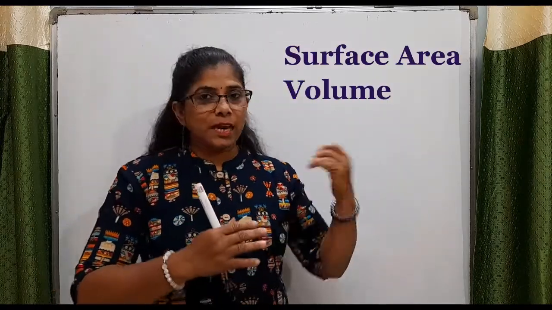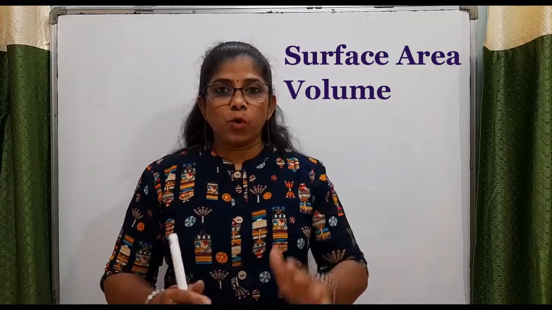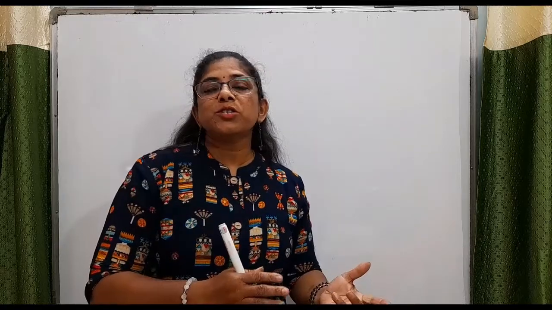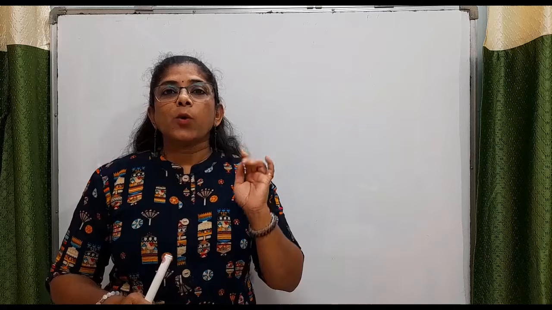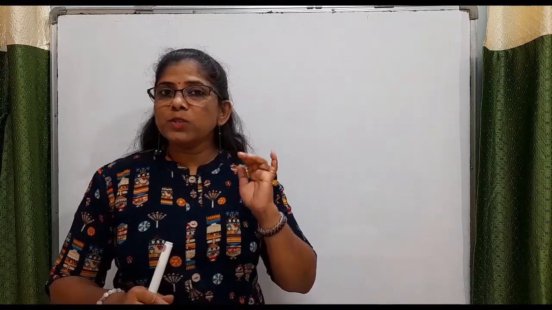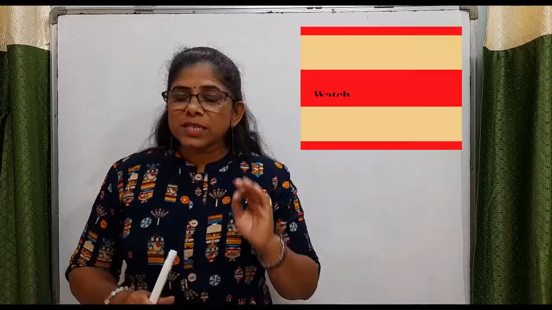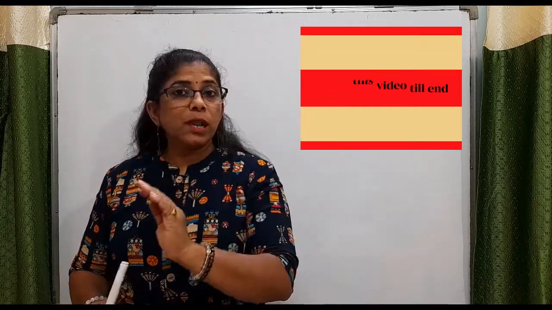Even here, it's lateral surface area and total surface area plus the volume. So these are the calculations we do with these two-dimensional figures and three-dimensional figures. In this video, we are going to talk only about the 2D figures. How to find the perimeter and area of the 2D figures will be explained in detail in this video. So to understand this concept properly, you have to watch this video till the end.